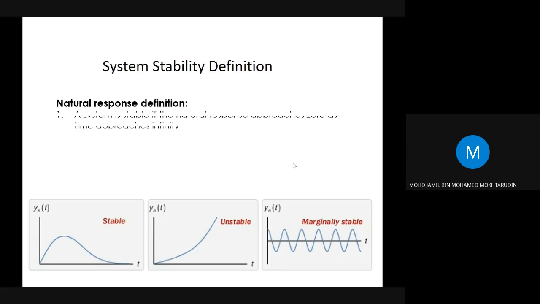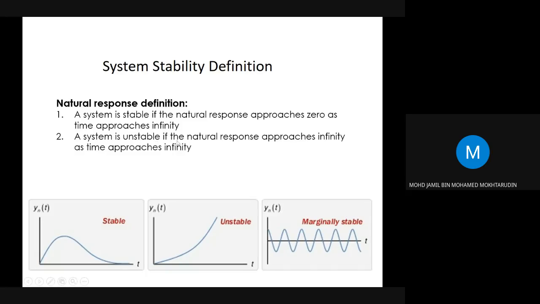A system is stable if the natural response approaches zero as time approaches infinity. If you look at the first figure here, it shows a stable system, because the response or the graph reaches zero or a steady state value as the time approaches infinity.